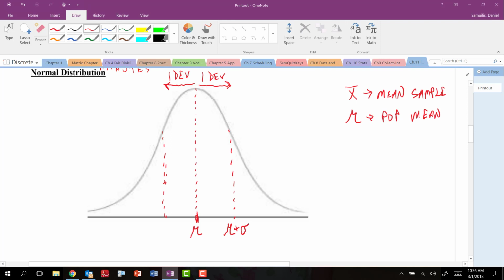I do have a problem with my Algebra 2 notes, and I'll show you on the page next. If I'm dealing with mu, then this symbol, lowercase sigma, I come to find out, is the standard deviation of a population.